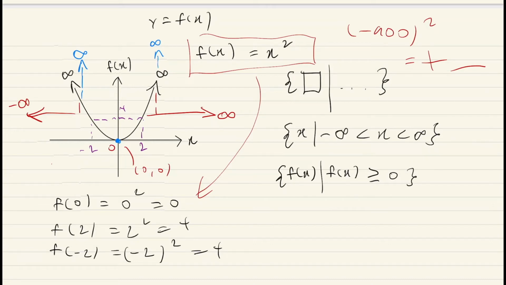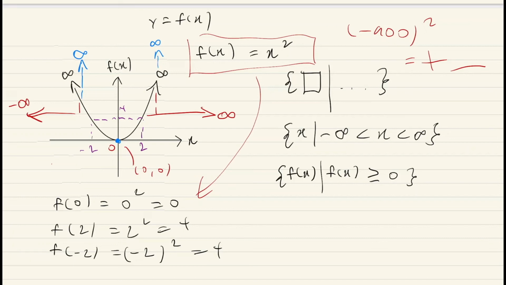So that is what domains and ranges are. And just a point to note, this limit can be controlled by conditions that you put. So it doesn't necessarily always have to be negative infinity to infinity for a quadratic function.